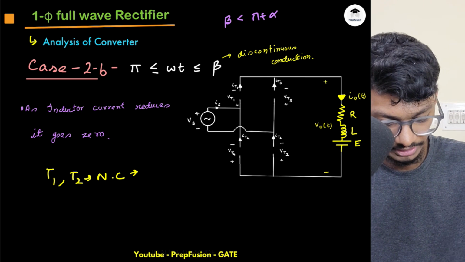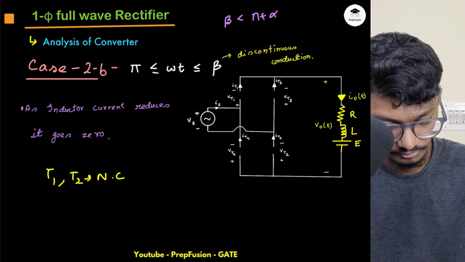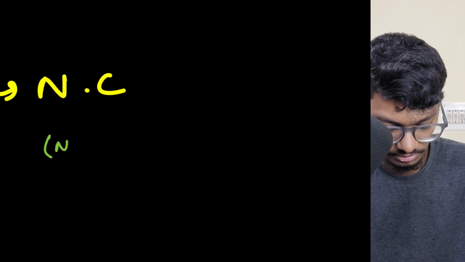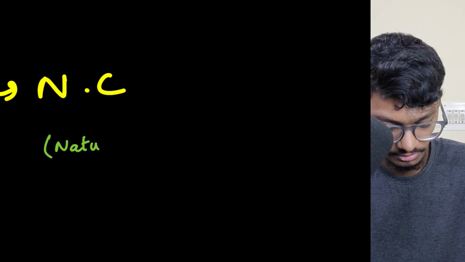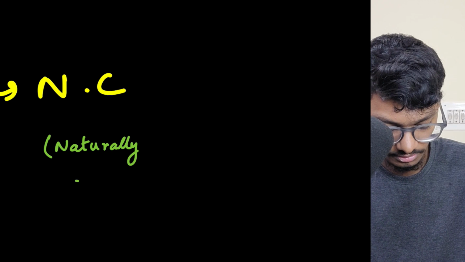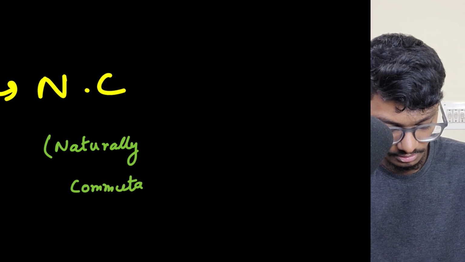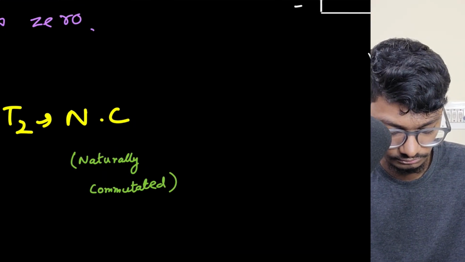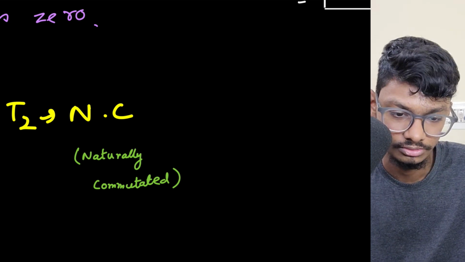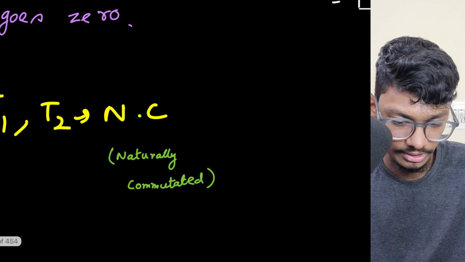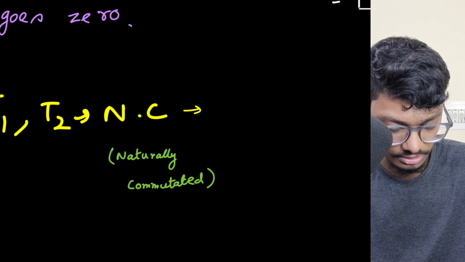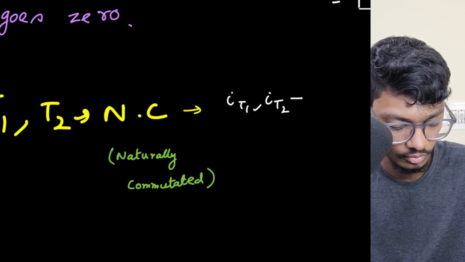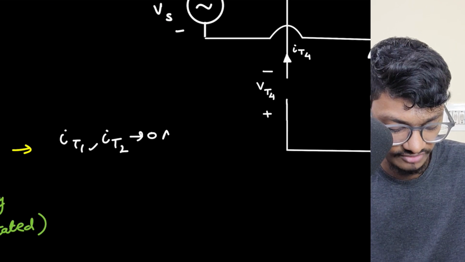They will be naturally commutated, because IT1 and IT2 will go to 0, as there is no energy left in the inductor and everything will go to 0.